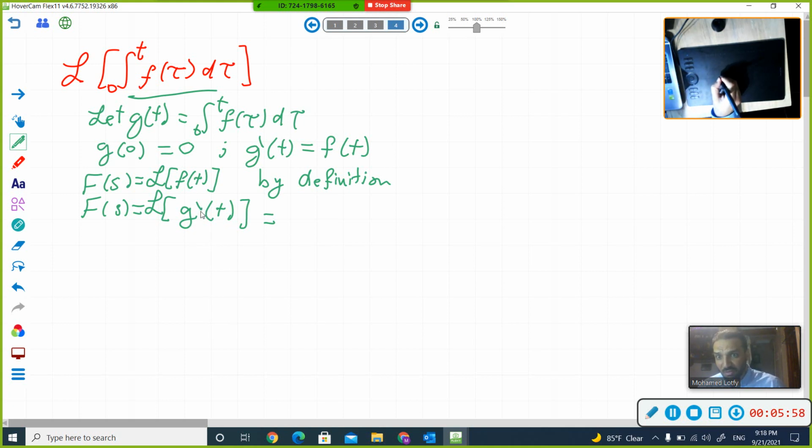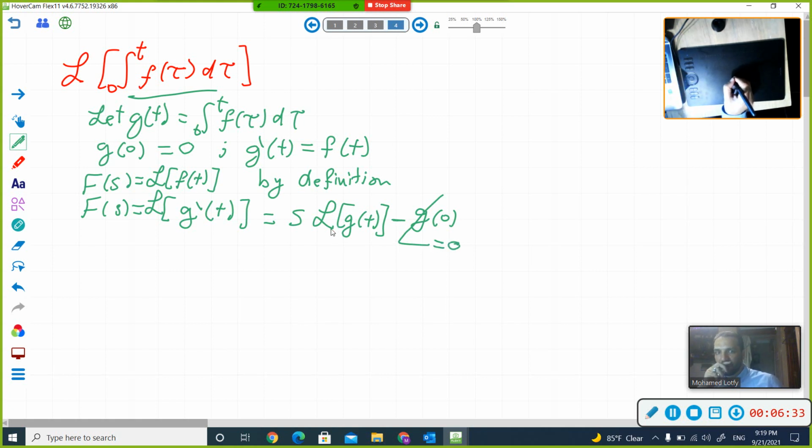So this is the first derivative, so we can replace it by s times the Laplace transform of g of t, or G capital of s, minus the initial condition. So it will be g of 0, as we proved before, and g of 0 equals 0, so this term will be equal to 0.